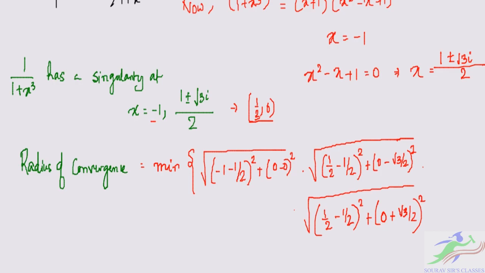If you simplify this, the minimum distance will be root 3 by 2. So that is the radius of convergence.